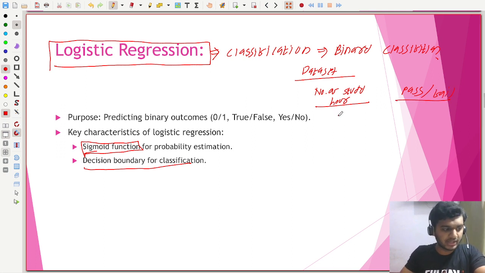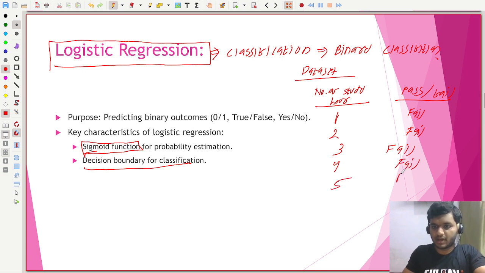Suppose you study 1 hour, then you fail. If 2, then fail, then 3, fail, then 4, also fail, on 5, pass, 6, pass, 7, pass, 9, fail. Suppose it is a data set.